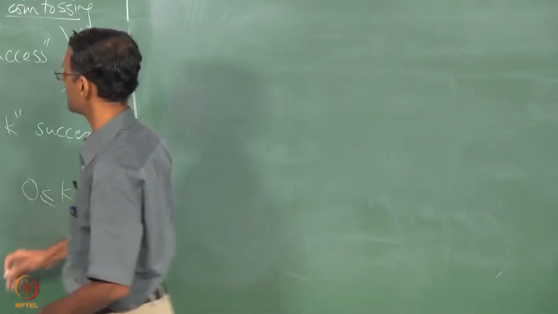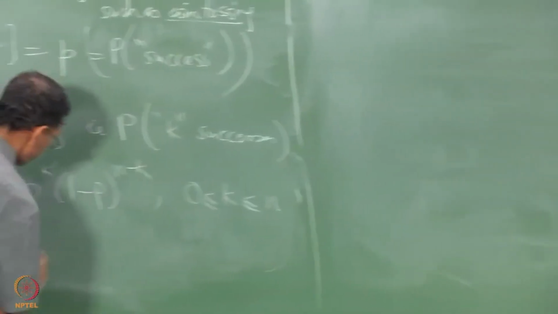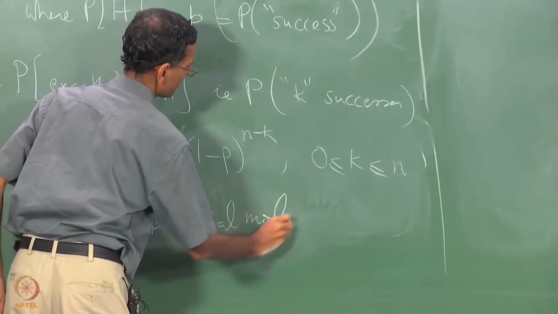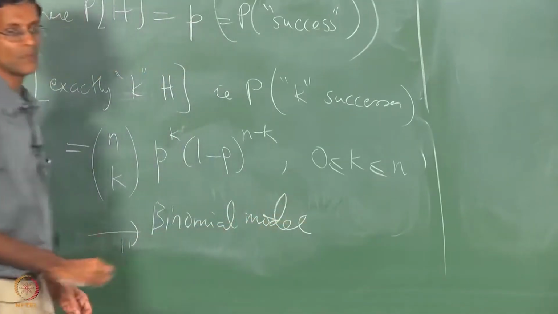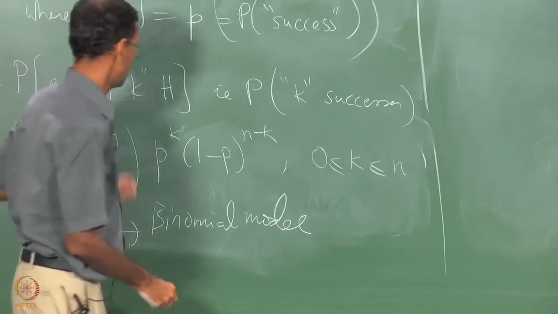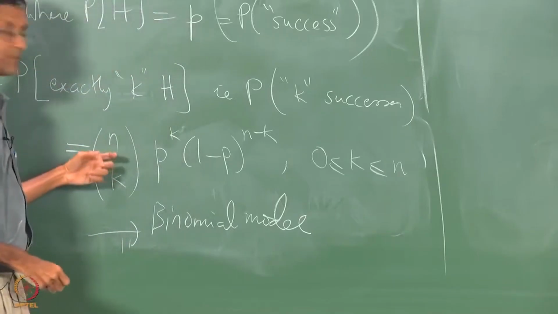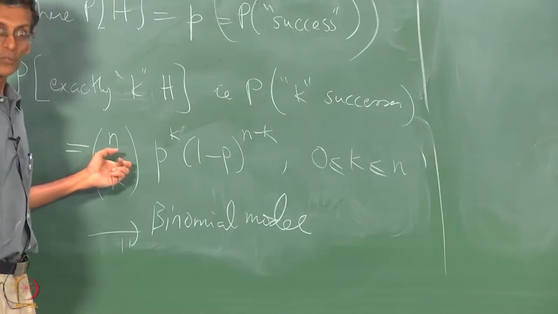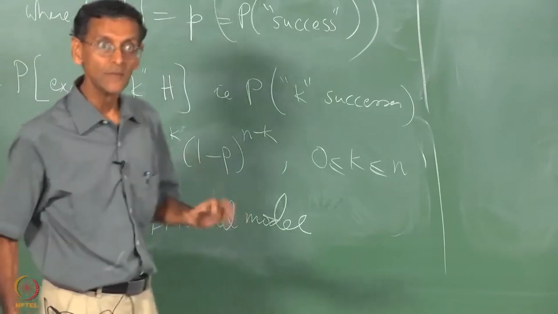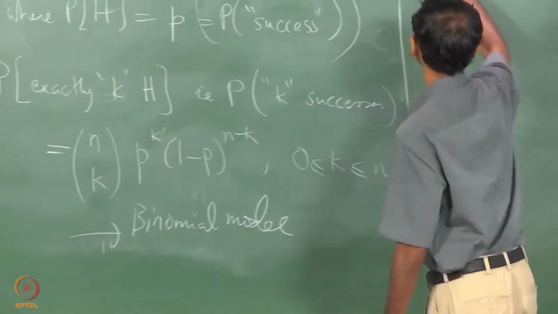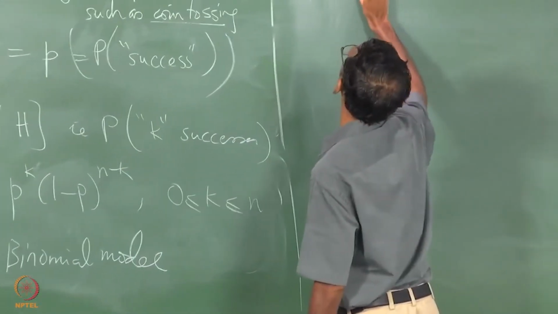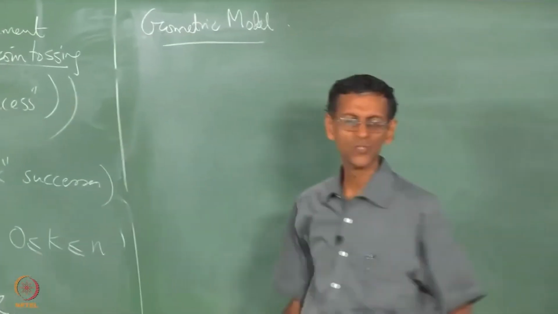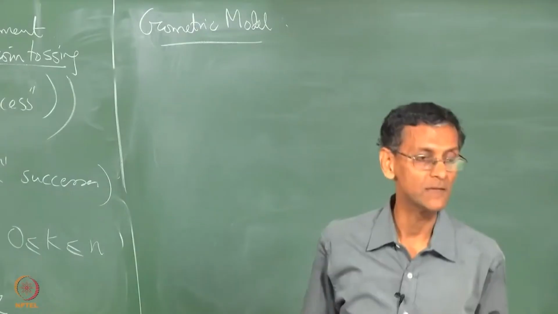So this is the binomial model, and once again I want to emphasize that the term binomial coefficients is applied for obvious reasons. Now let us look at the geometric model, which is what? Just do until you succeed.